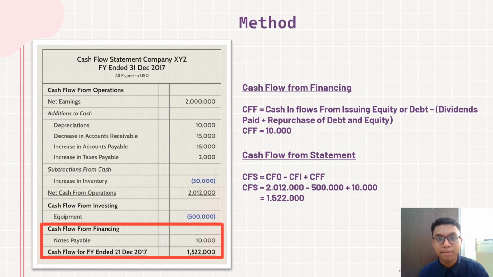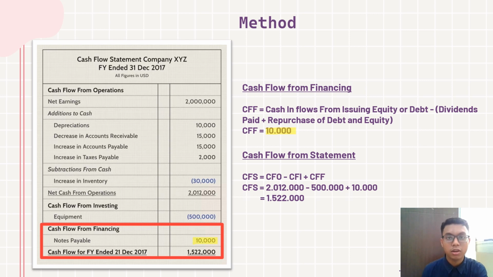On this statement, we only have cash inflows from issuing equity or debt, which is notes payable. So just put in 10,000.